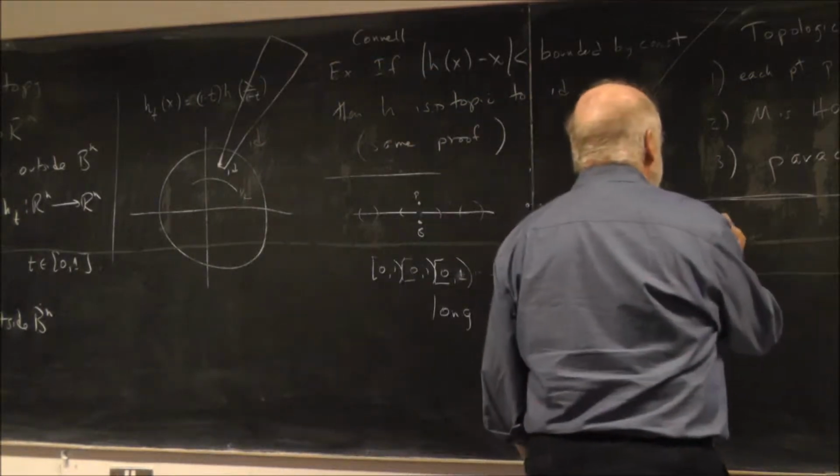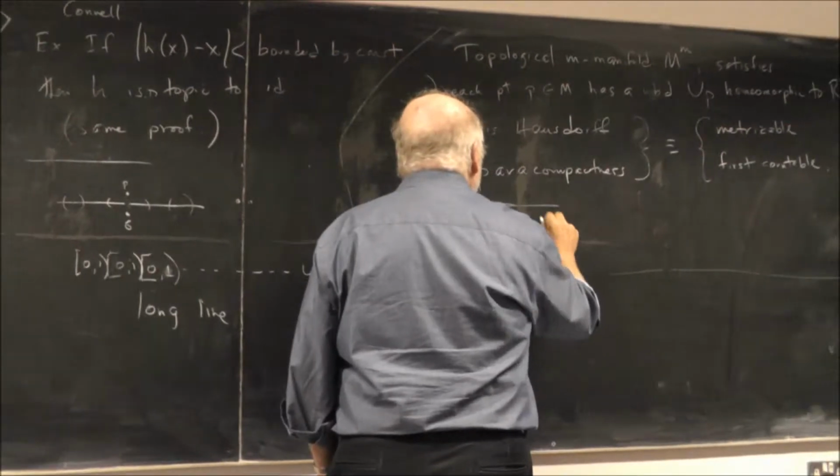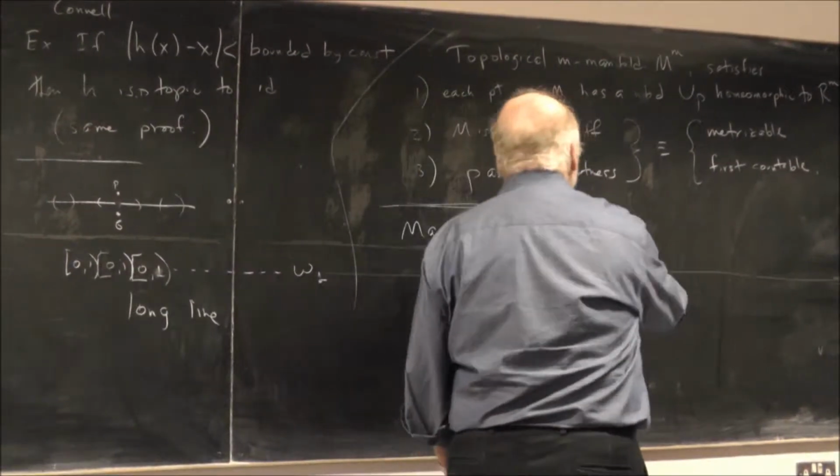So this is Mazur and Morton Brown. And they proved what's called the topological Schoenflies theorem.